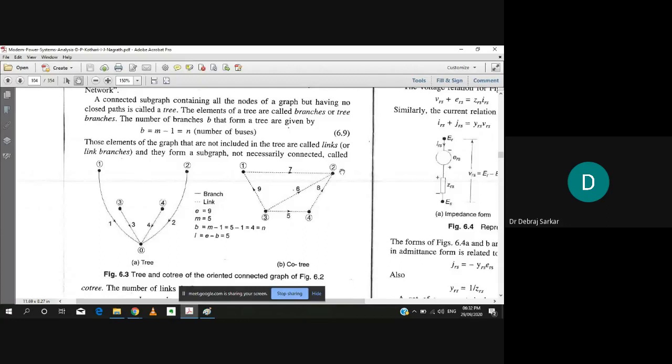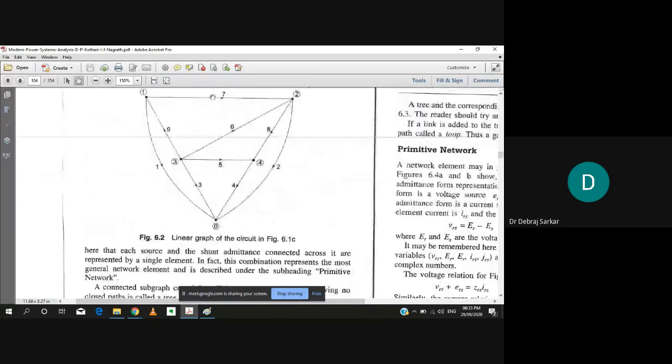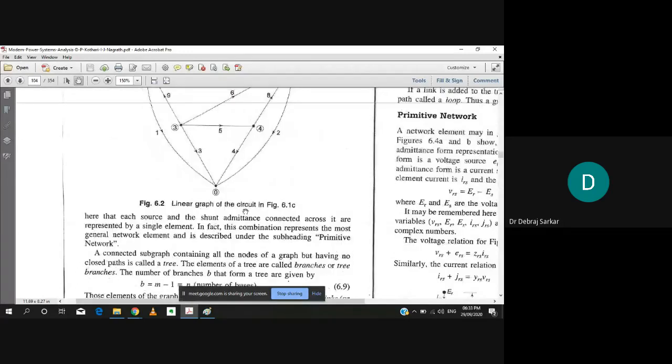The co-tree is just the other side. It contains all the rest of the elements. In graphs, these branches we call elements. The elements will be divided into two parts: one is branches, the other is links. So the tree has branches, the co-tree has links.